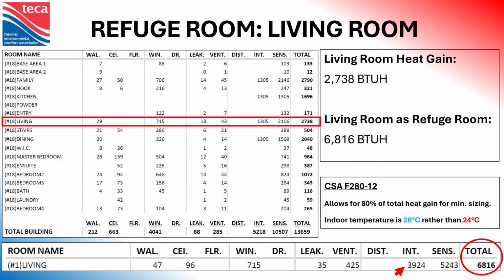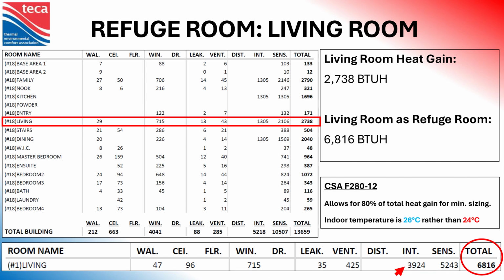Well, on my right here, this is that same table of the whole house. So we had 2,738 BTUs for the living room when we're looking at a model of the whole house. Now, when I'm looking at the living room as a refuge room, it jumps up to 6,816. So what are the changes?